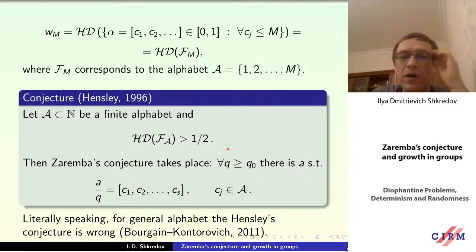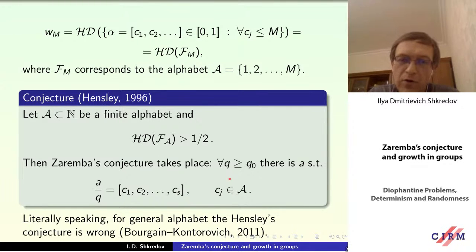So now my set of real numbers satisfies the following property: a_j belongs to a fixed alphabet A. Then the Zaremba conjecture takes place for all sufficiently large q.